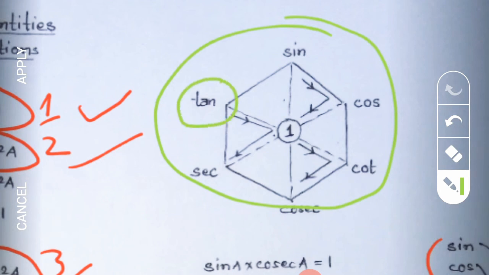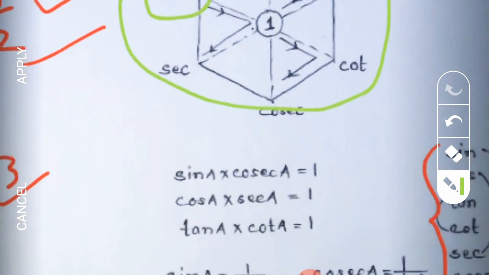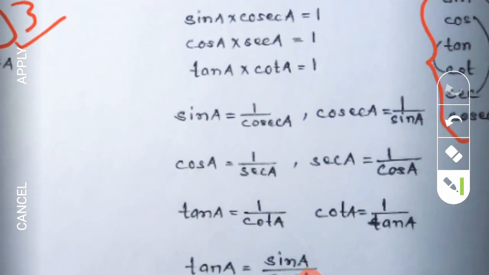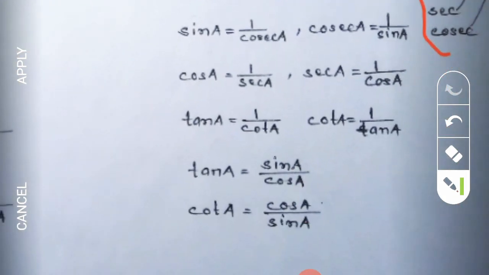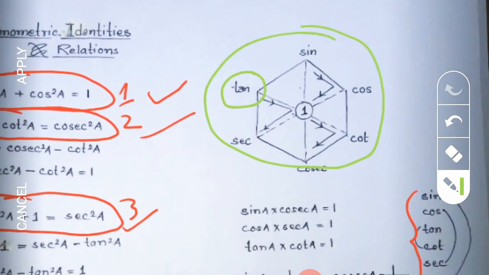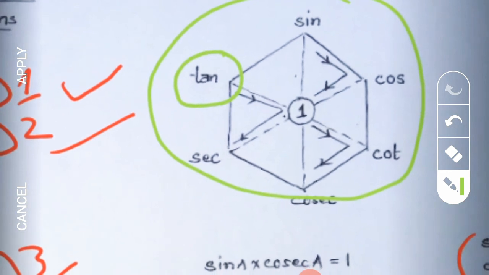And as you know, the identity for tan a is equal to sine by cos. You need to keep this in your mind: tan a is equal to sine a by cos a. So you can see I have written tan at this point, tan equal to sine by cos.